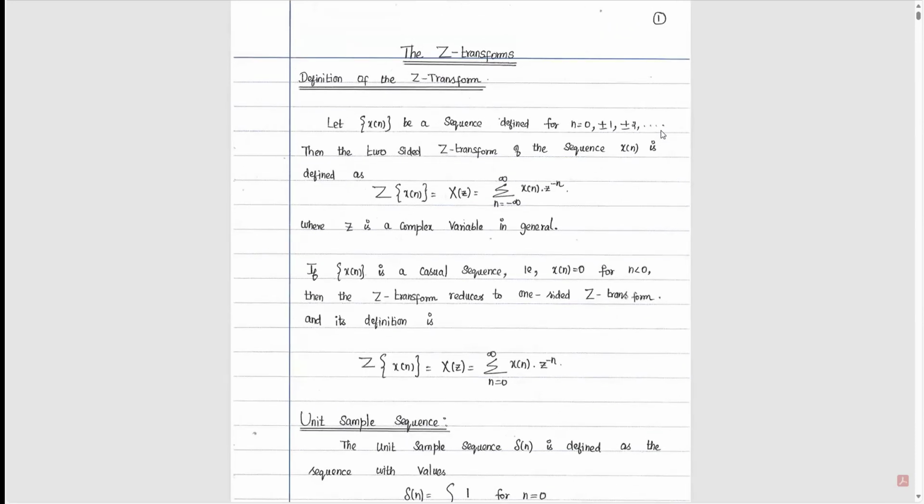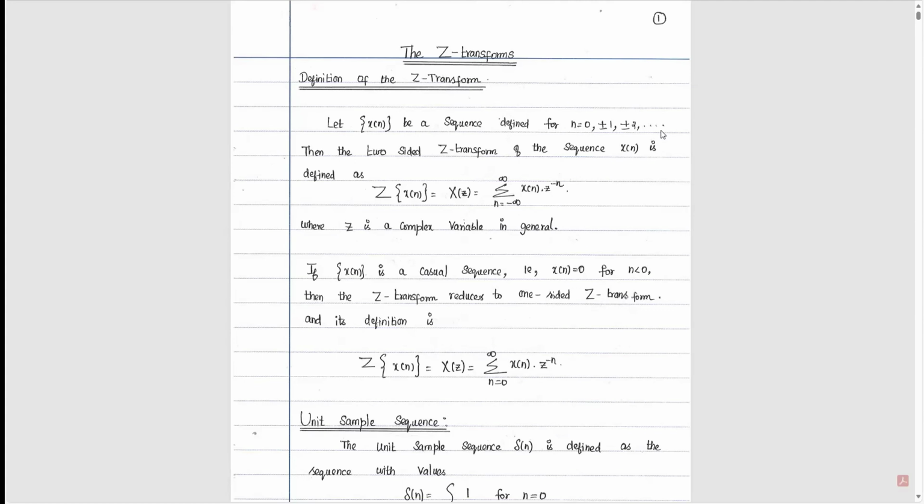So our topic is Z transform. So what is Z transform? Let x(n) be a sequence defined for integers.